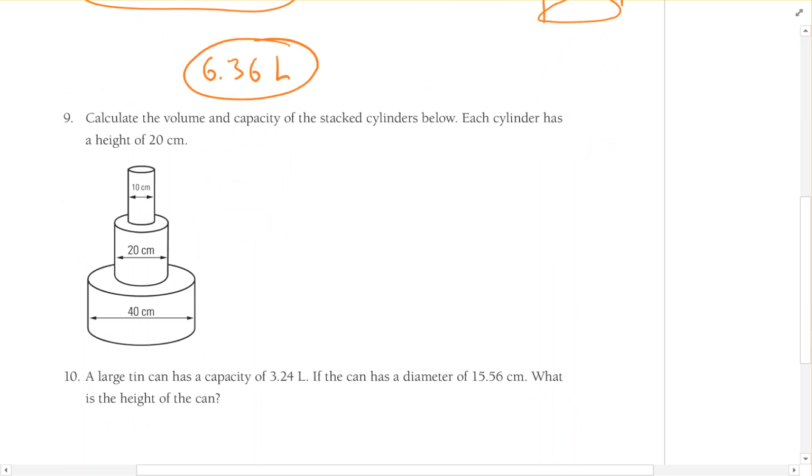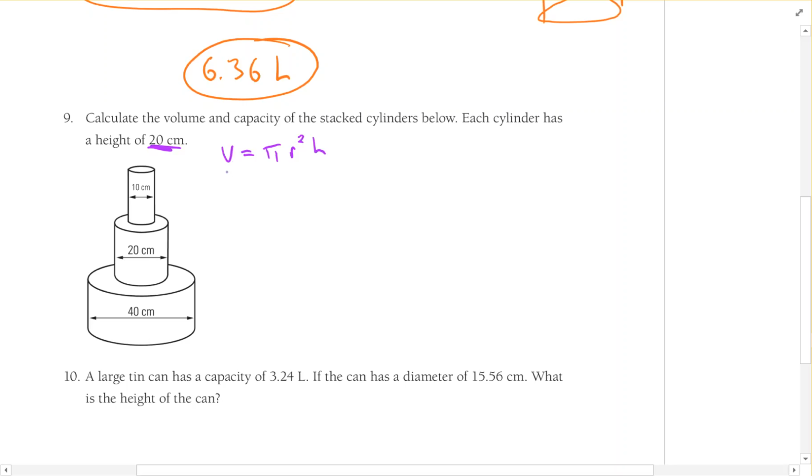Okay, this one, we've really just got 3 cylinders that we're going to add together. So let's figure out the volume of that one, and that one. I'll even do a different color. I'll make the top one purple maybe. The volume of that one is going to be equal to pi r squared times h. And remember, it says the height of each one of these is 20. So that's what h is going to be in all of them.